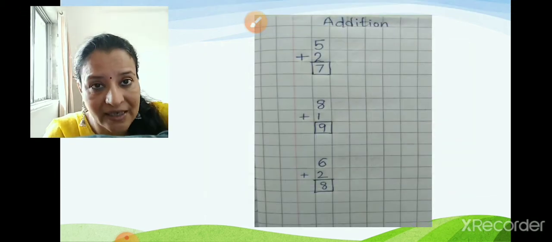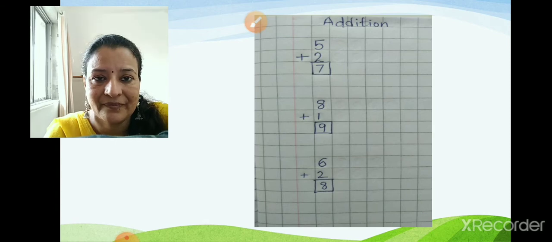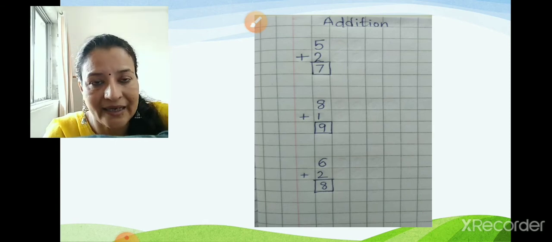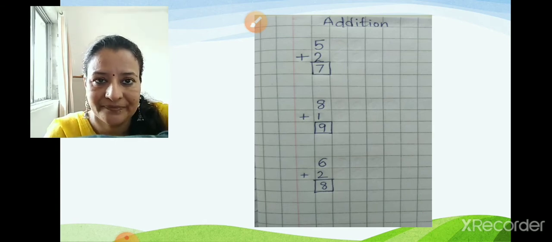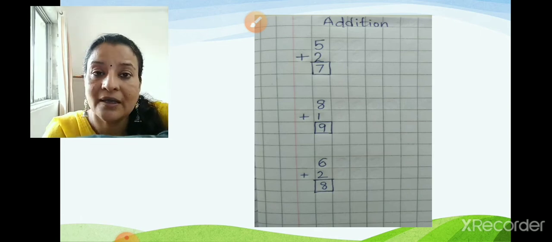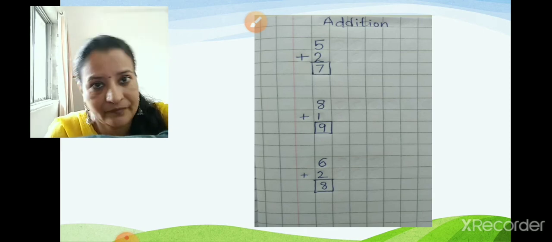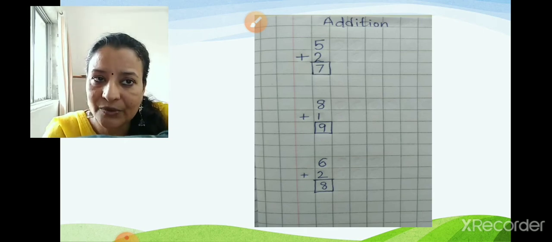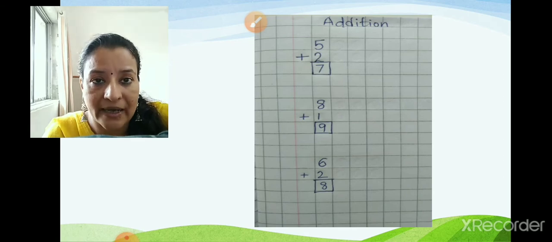Write today's date and the heading addition. Now here you have to take help of your mama to write the sum. Okay. Mama is going to write 5 plus 2.